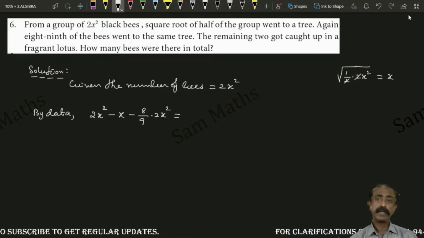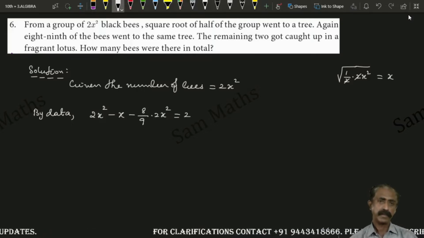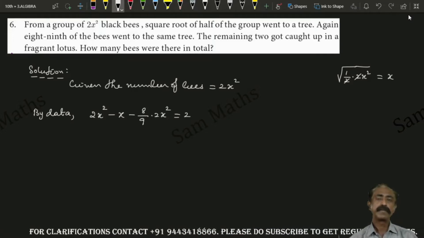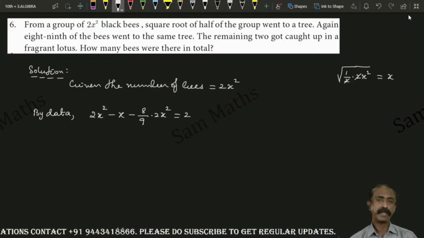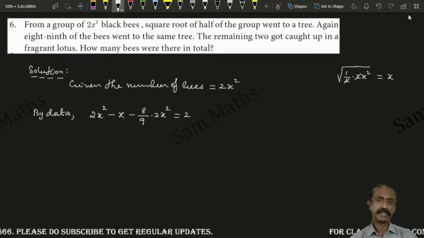the remaining 2 got caught up. So, remaining is only 2. Clear, children? So, the total is 2x square. From that, x number of bees went to a tree. Again, 8/9 of the number of bees went to the same tree. So, the left out is only 2, it's given.